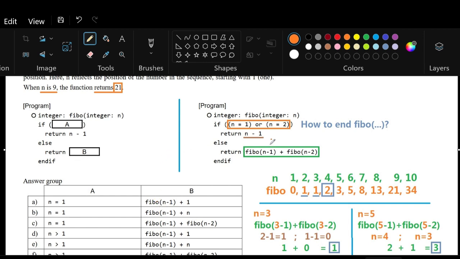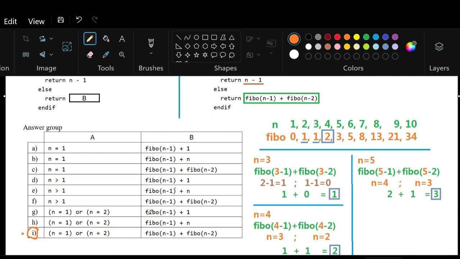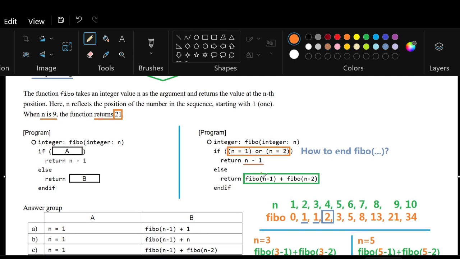And if we are to use the choice that I found when looking at the answer group, then we can see that if it's 1 or 2, then the answer would be n minus 1.